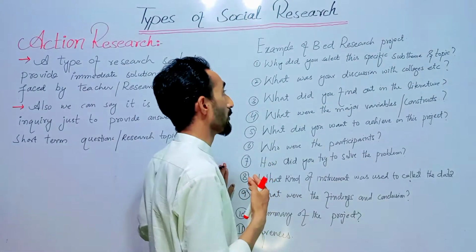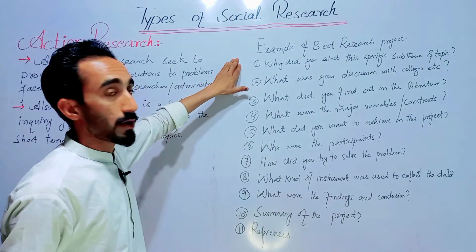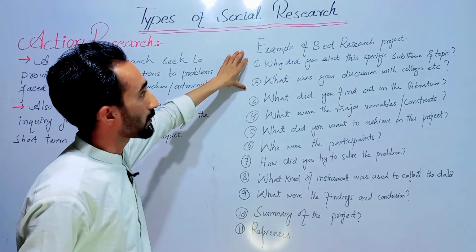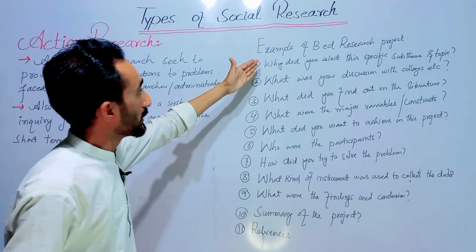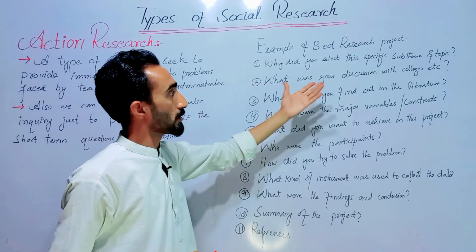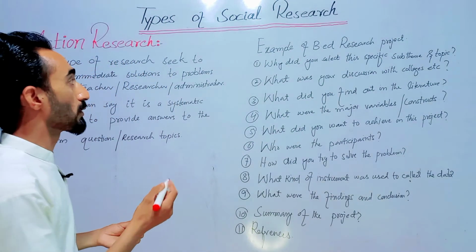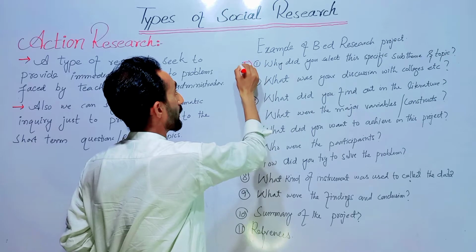Let's discuss one by one. Here we will codify the points to the major steps. The first two points are related to the introduction section, and we will code them with the keyword I.